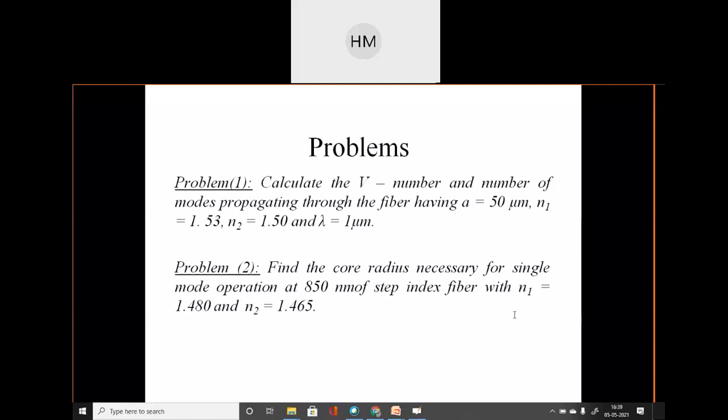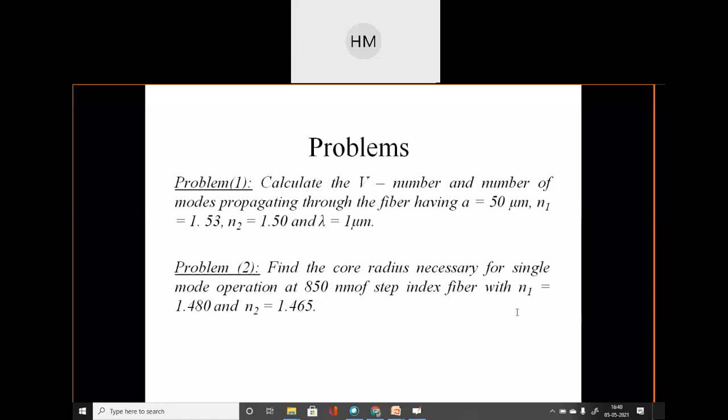Write down the next question. Please write it fast. A multimode step index fiber has a del of 2%, and a core N1 of 1.5.